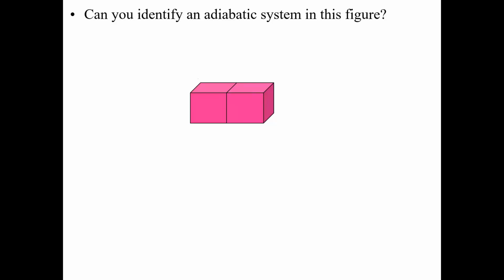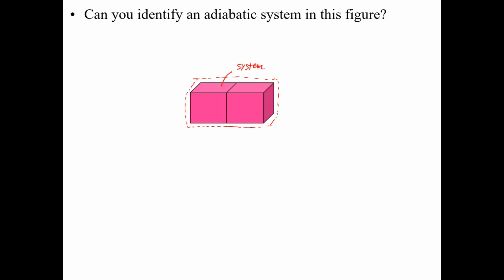If we use these two blocks together as a system, this is my system, then it is an adiabatic system because there is no heat transfer between these two blocks and the rest of the universe, right?